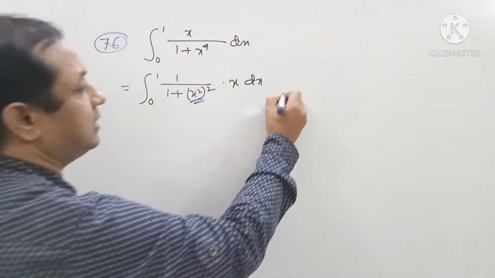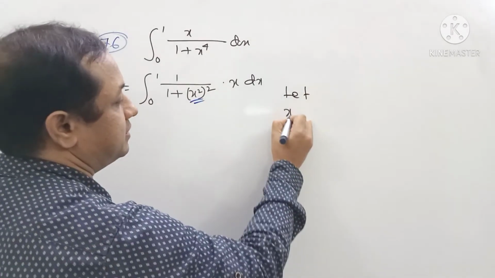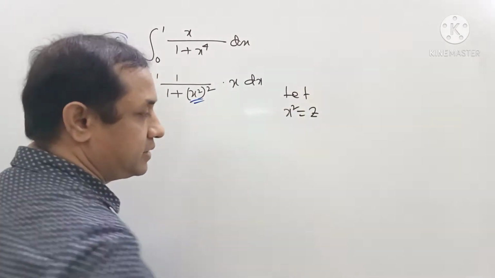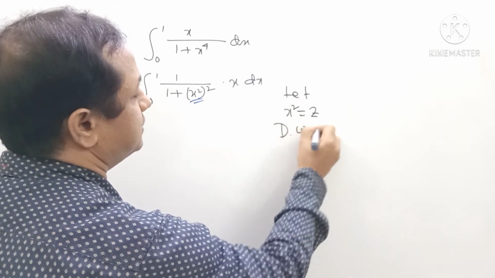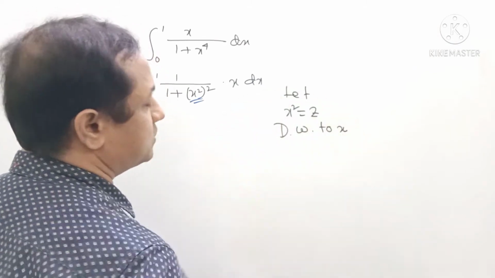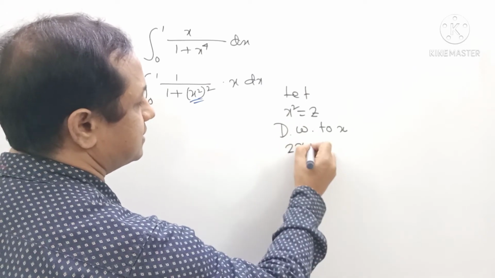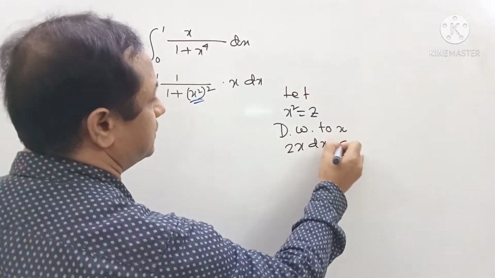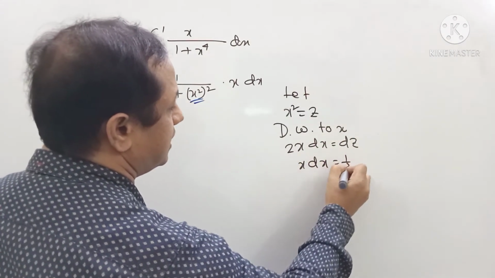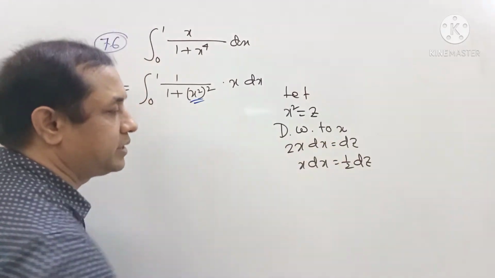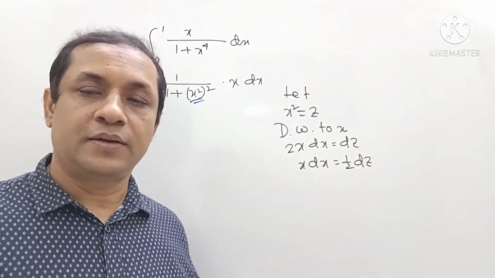So student, let x square equal z. Now differentiating with respect to x, we know that d dx of x square is 2x, so 2x dx equals dz. So x dx equals half dz.